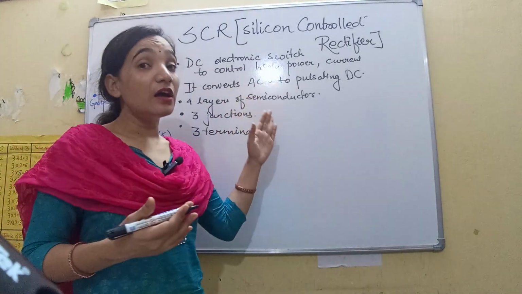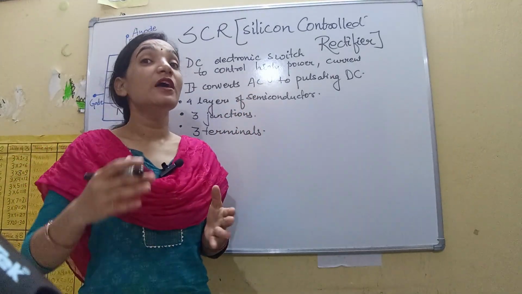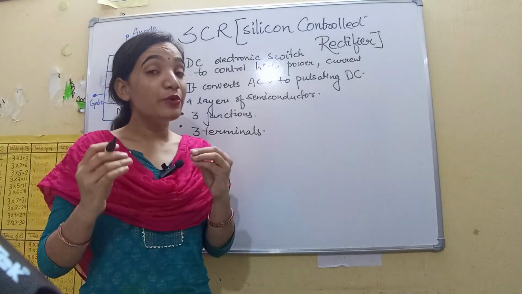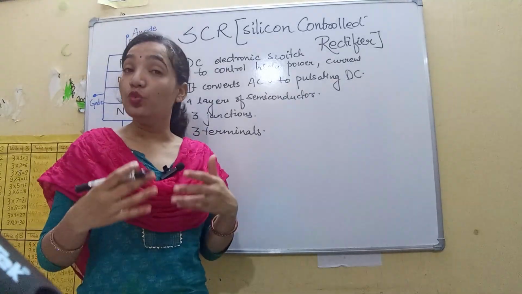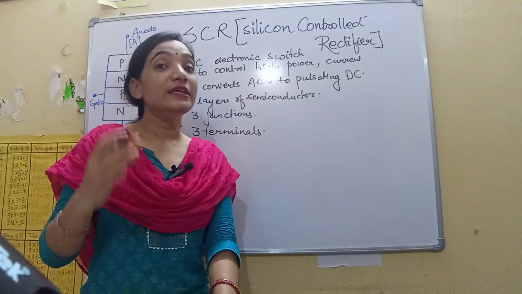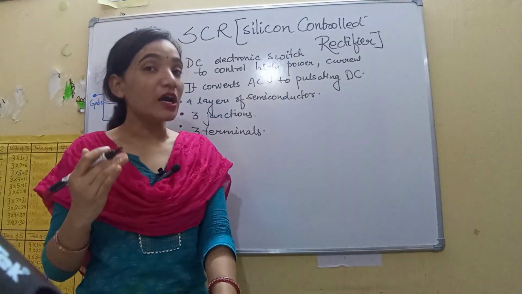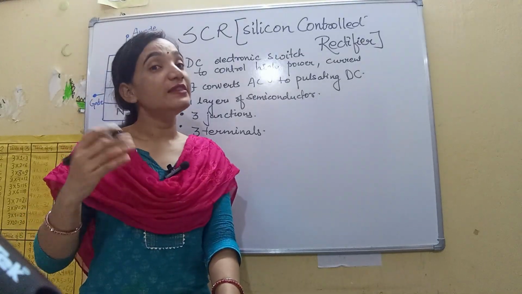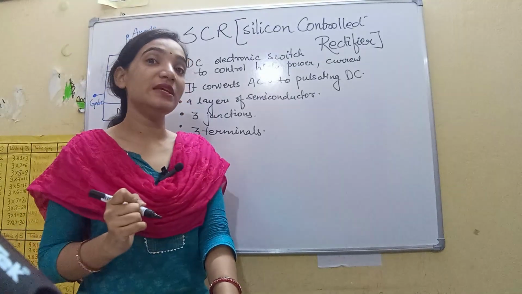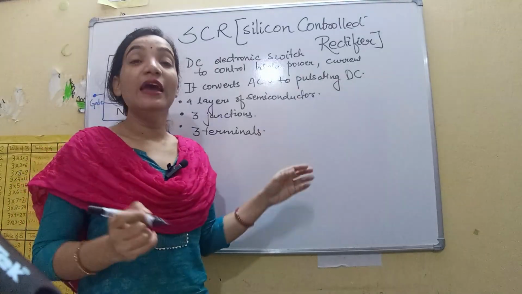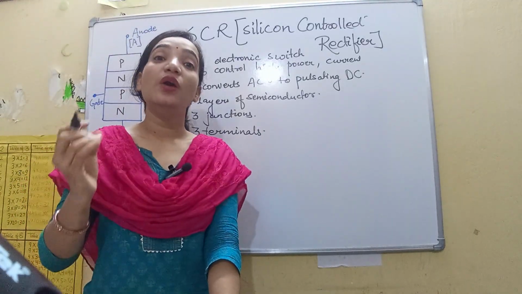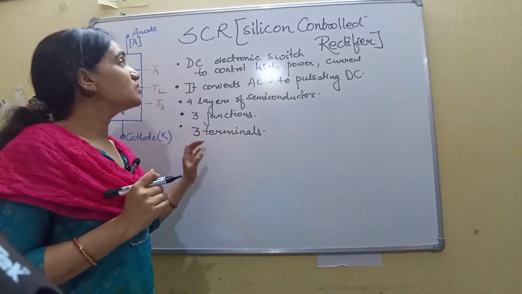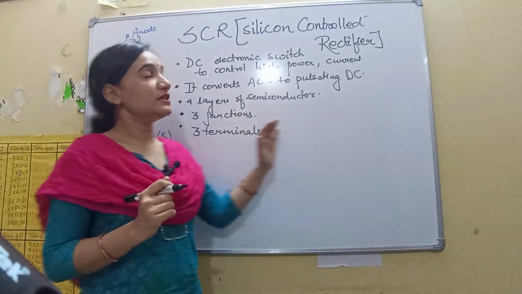Here in a silicon controlled rectifier, we can control the current in a better way. We know exactly at what current the SCR starts to conduct, and there is better control than the diodes. This is the reason we use SCR, and SCR is used when there is a matter of controlling high current.